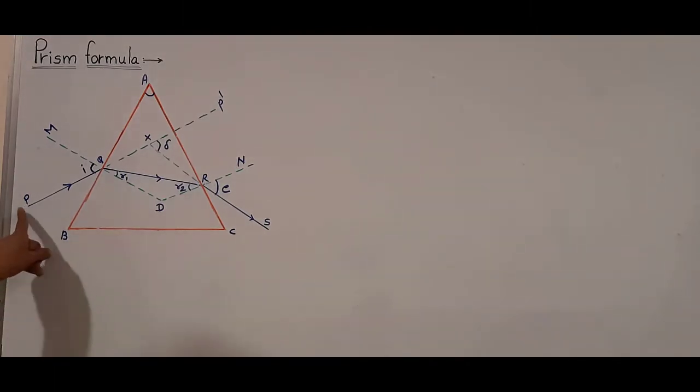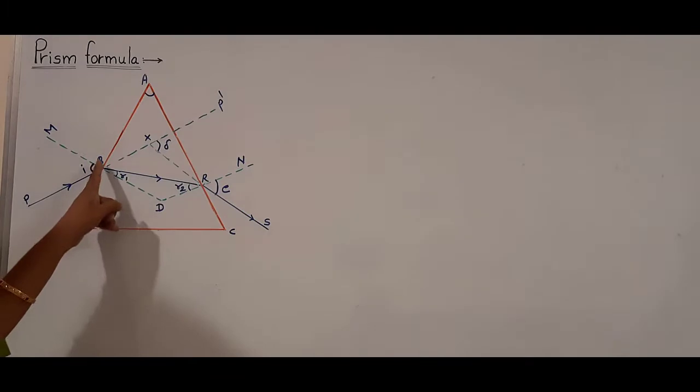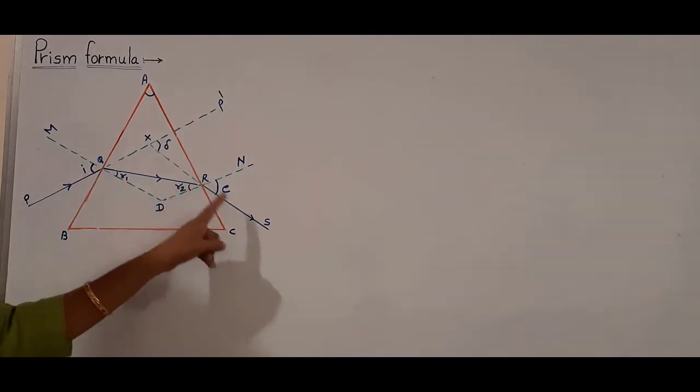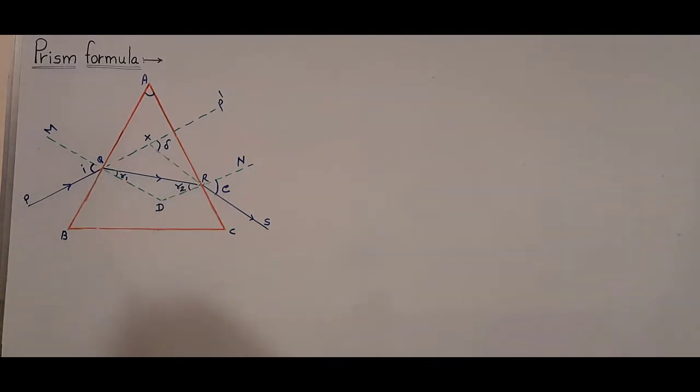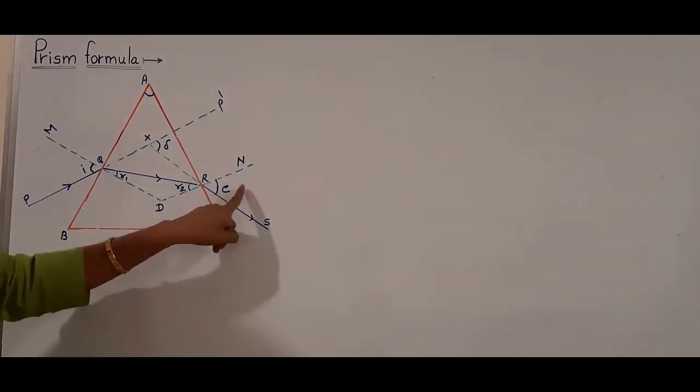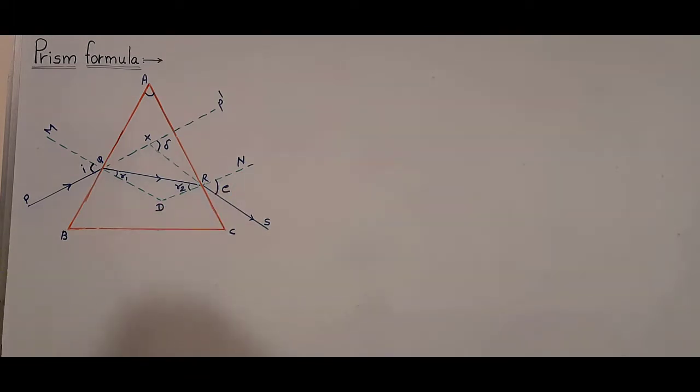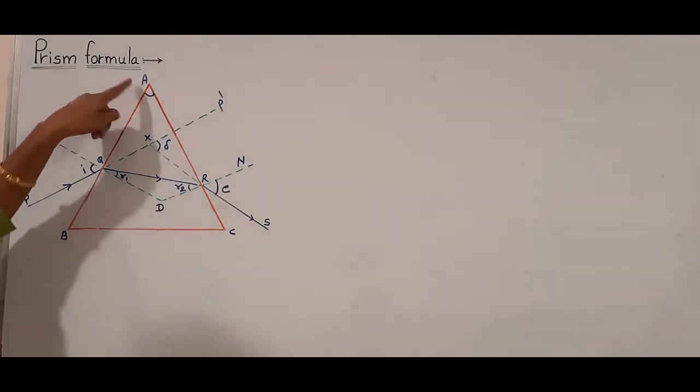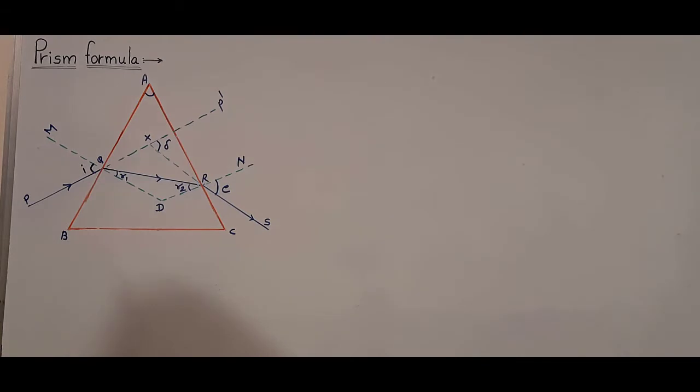We can say that PQ is the incident ray, QR is the refracted ray, RS is the emergent ray. I is the angle of incidence, R1 and R2 are the angles of refraction, E is the angle of emergence. Also, A is the angle of prism.